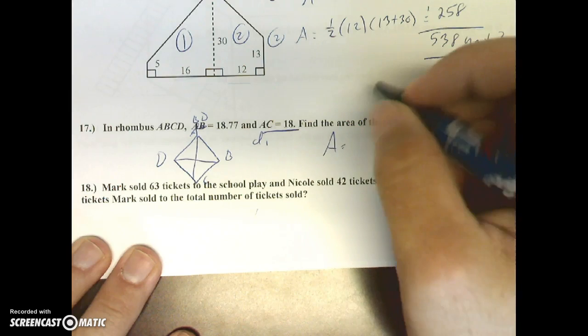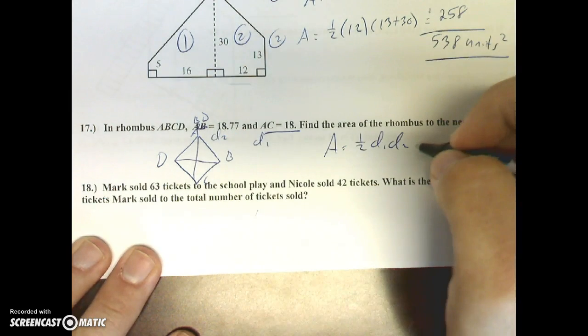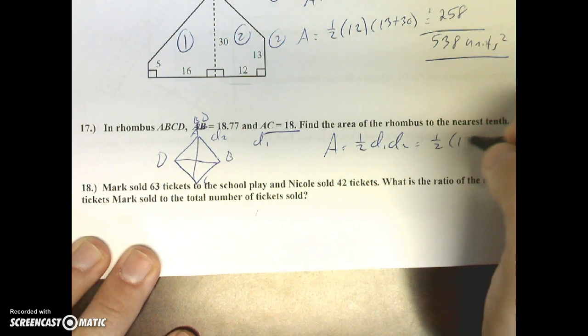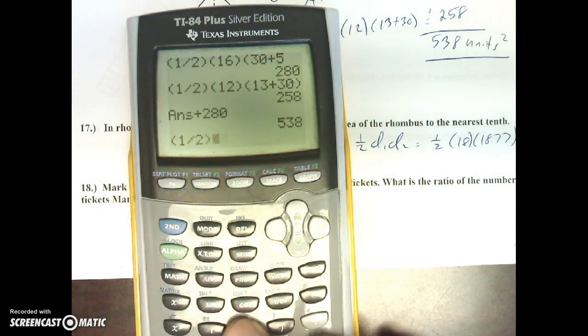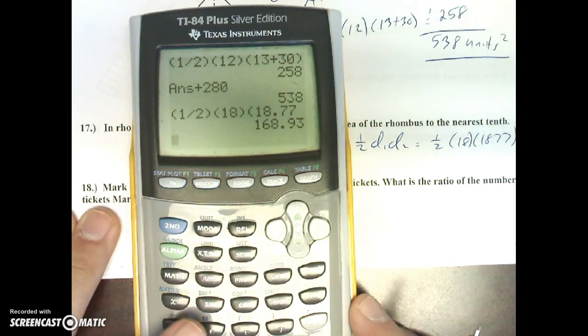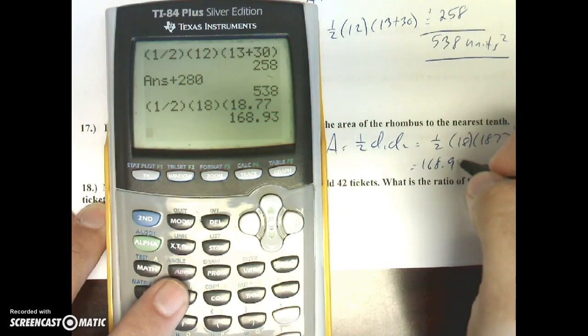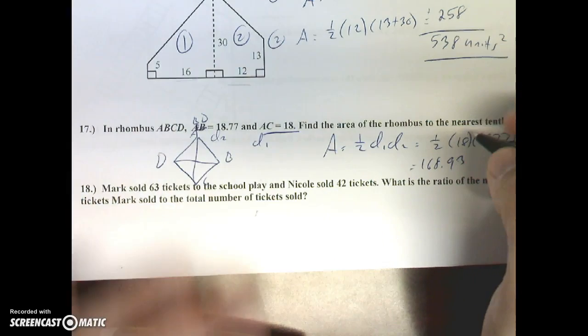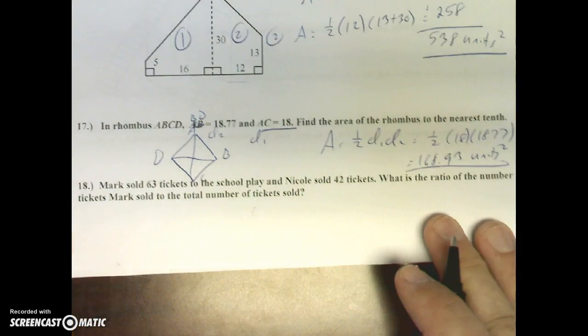So the area of a rhombus is 1/2 D1 times D2. So we're looking at 1/2 times 18 times 18.77. That's 168.93, and this is, again, units squared. Make sure that for area, you always have units squared.